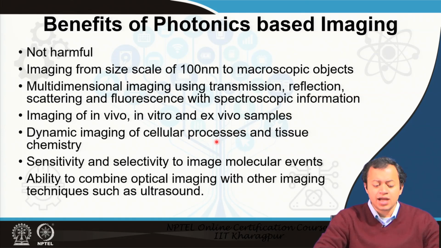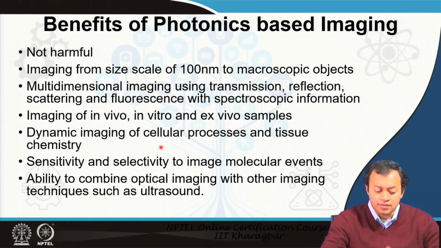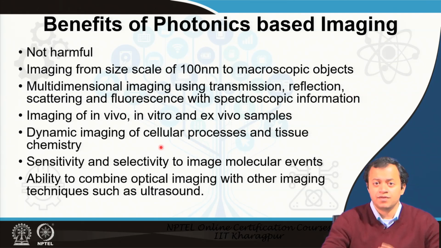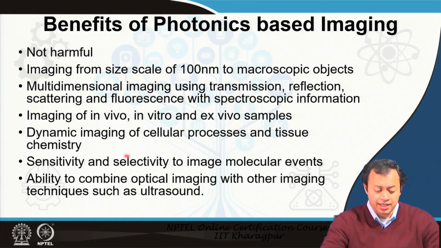So, you can image for a longer period of time in a real time situation using photonics based technologies. If you want real time imaging of dynamic processes inside a human being using MRI and X-ray, you have to put that person in an X-ray machine for 24 hours and take images every few minutes, and that will be extraordinarily harmful for that person's well-being.